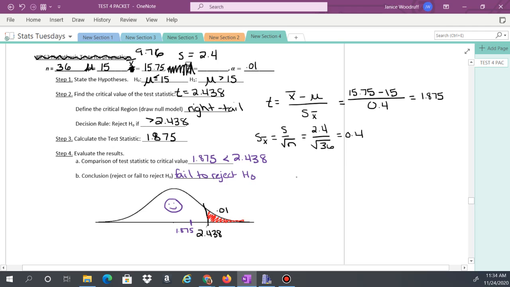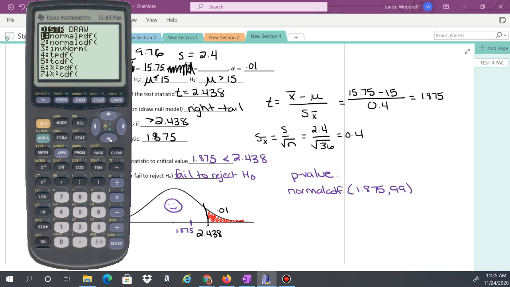P-value approach: find the p-value of 1.875. It's to the right of the mean, so you would do 1.875 to 99. So we would go normal CDF, second distribution, with a lower limit of 1.875 and an upper limit of 99.